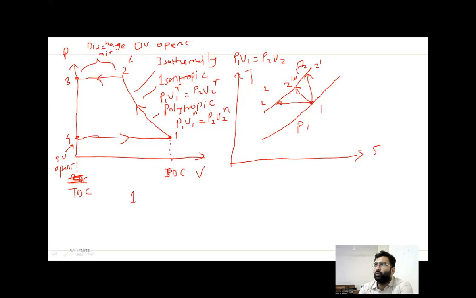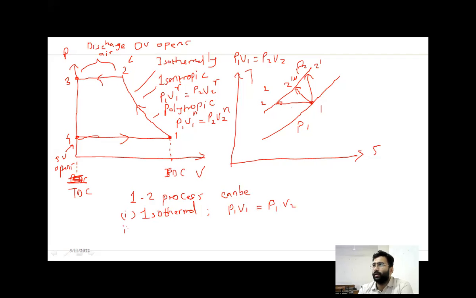The 1 to 2 process can be, I'll write here first, isothermal, that means P1 V1 equals P2 V2.